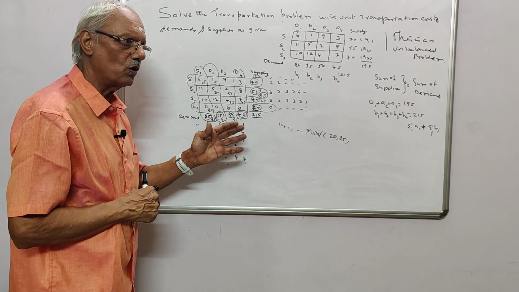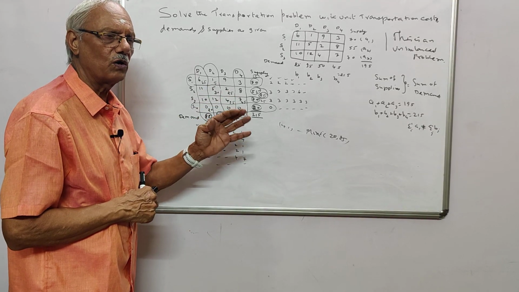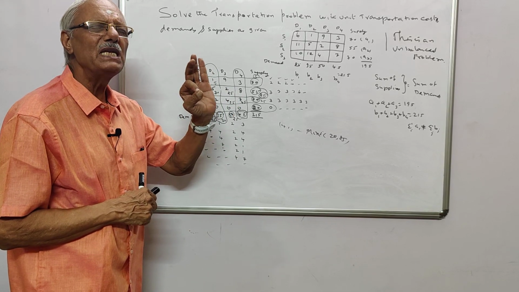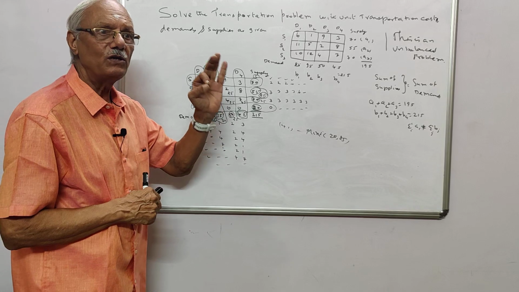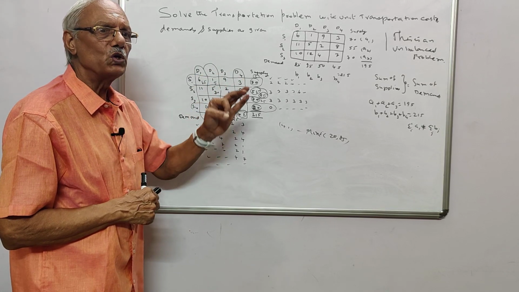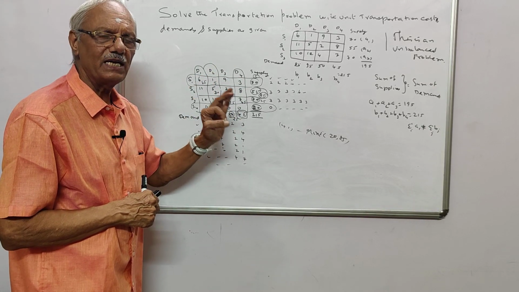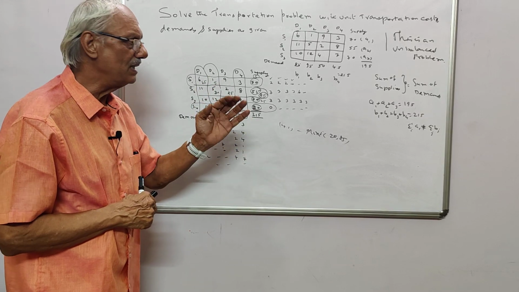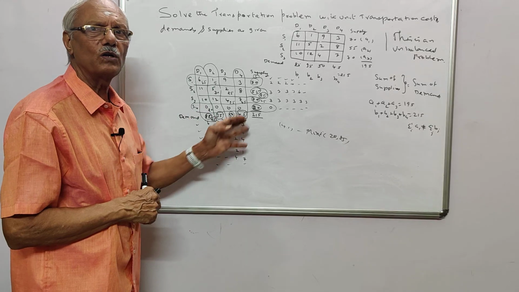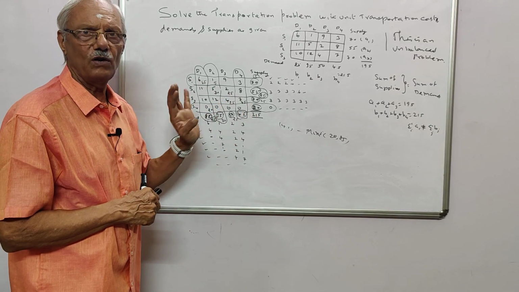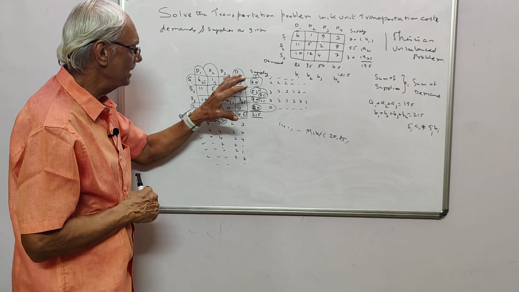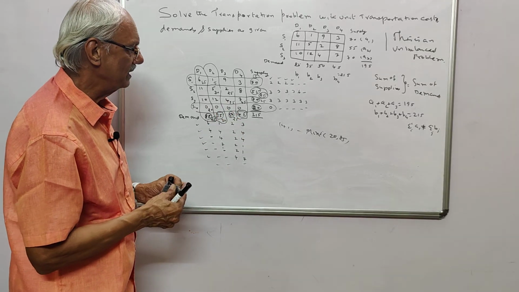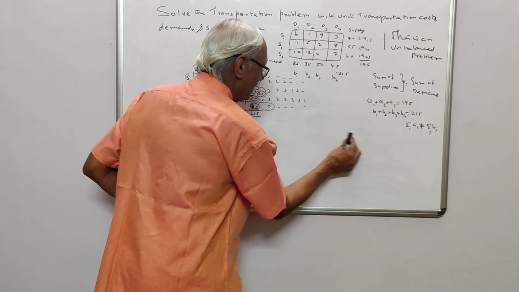If it is a row or column, go along that row and column and find out which is the minimum cost cell, and to that minimum cost cell you supply, your allocation must be the minimum of the supply and demand with respect to the columns and rows that you have chosen.